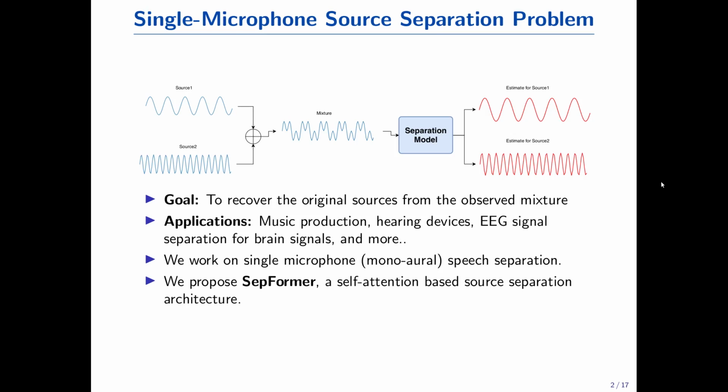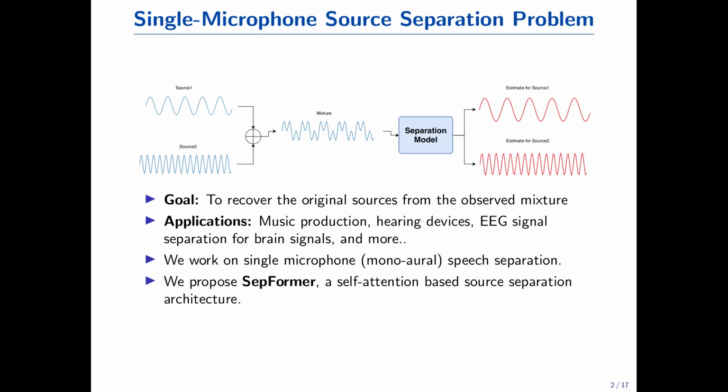So let me start by talking about the problem that we attack in this paper. We work on the single microphone source separation problem. What I mean is we are given a mixture signal in which K sources are hidden. In the figure, we have two sources. But we aim to build a separation model which can recover these original sources as close as possible to their true values.